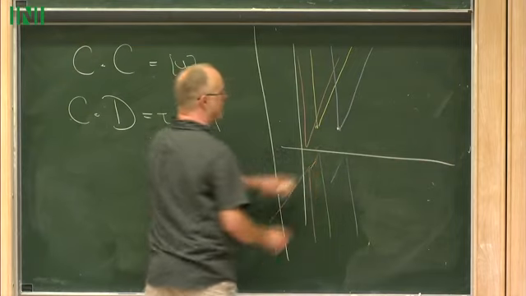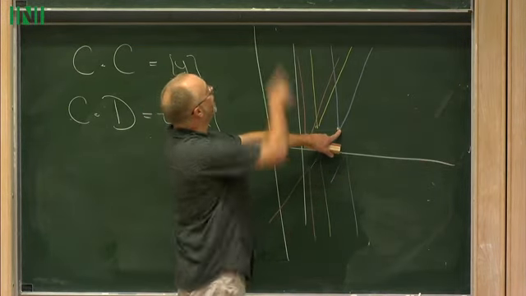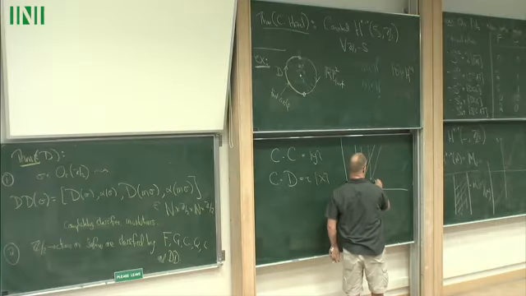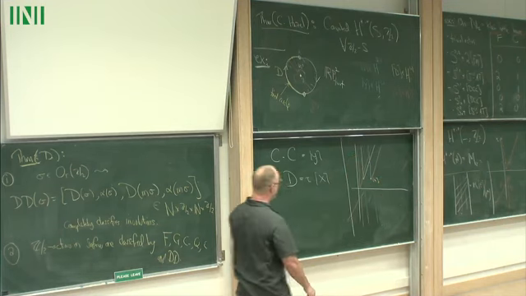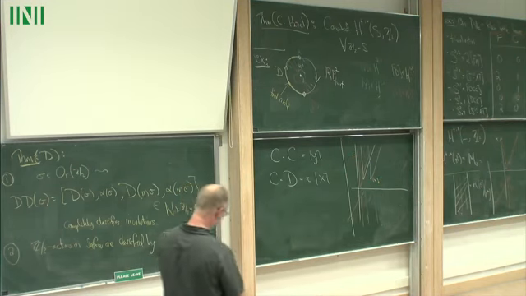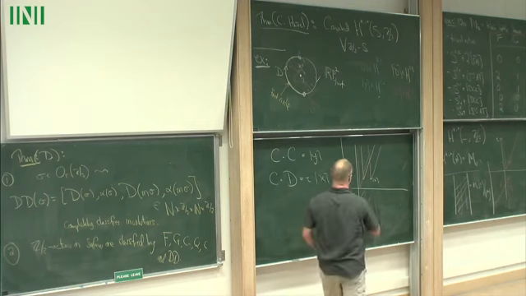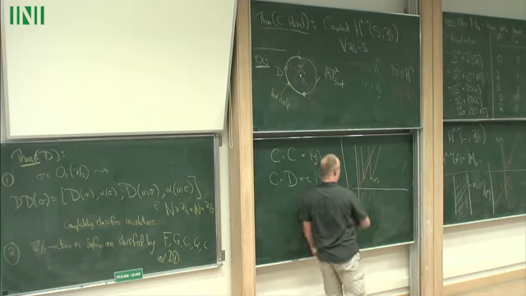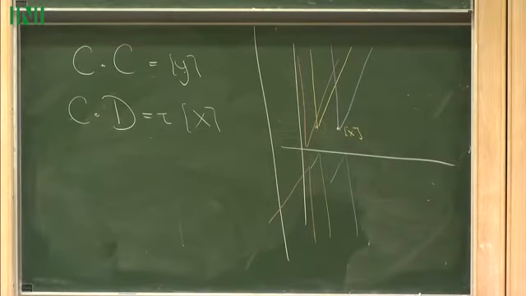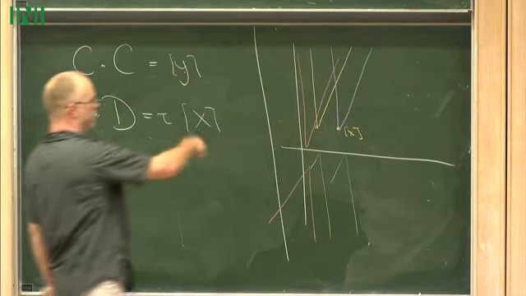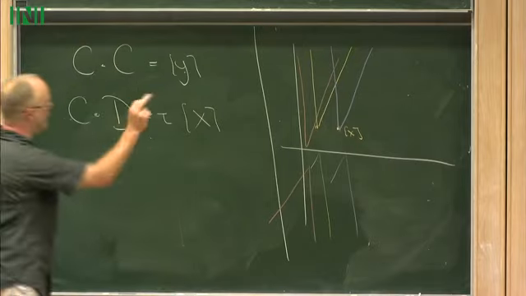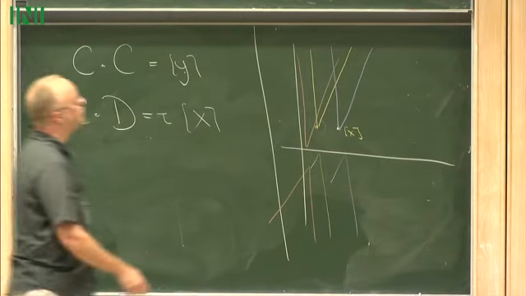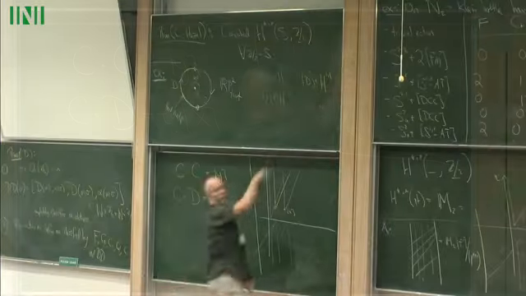If I look at that purple dot, that's an H21, and X is an H21. There's no choice. That has to be X. Okay. If I look over here in H11, well, I have two things. I have a yellow dot and a red dot. The red dot is just rho times 1, but then I have that yellow dot. But you see, I have two things in H11, D and C.